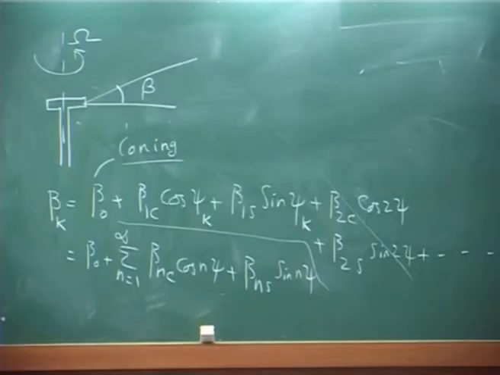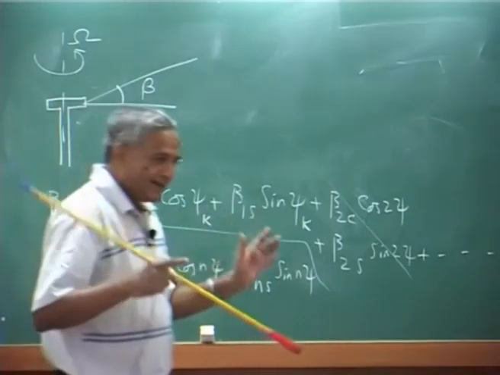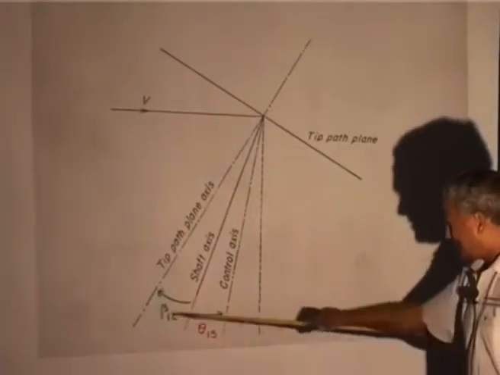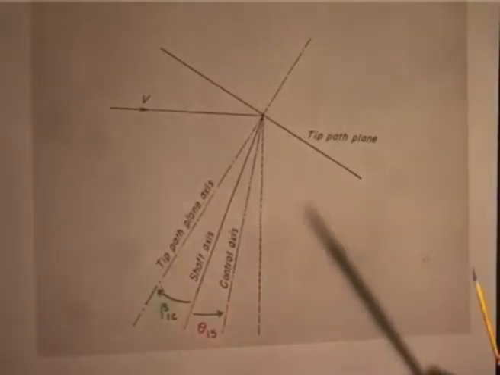I will briefly tell you, there are different types of frames of reference, because when I said flap, flap is with respect to what plane? I will briefly show one diagram, just to indicate that very simplistically. Don't bother about all these things, okay.